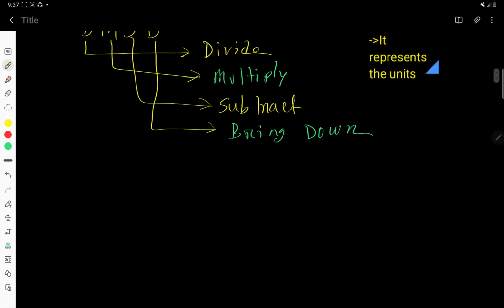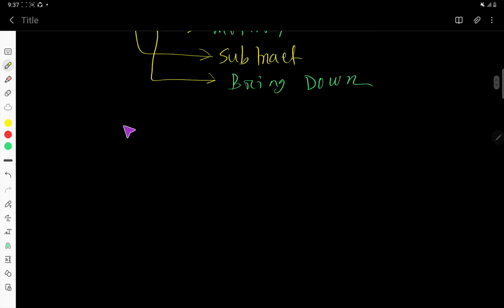Actually, you will learn long division automatically. Let me give you an example. How to divide 632 by 2? So we are going to do long division. Look here, the divisor is 2 and the dividend is this number 632.